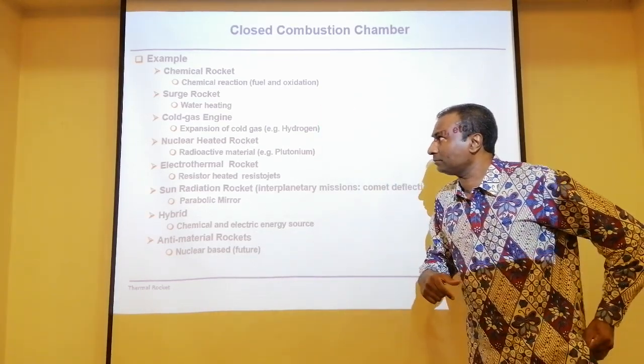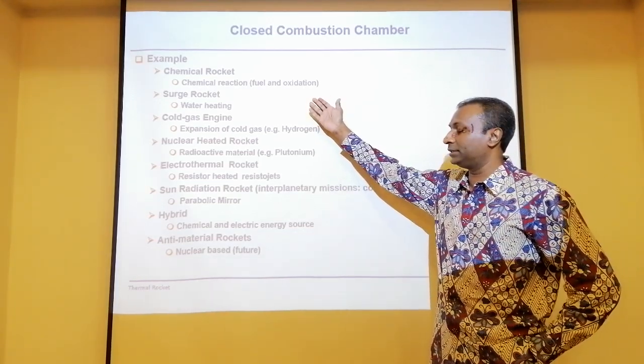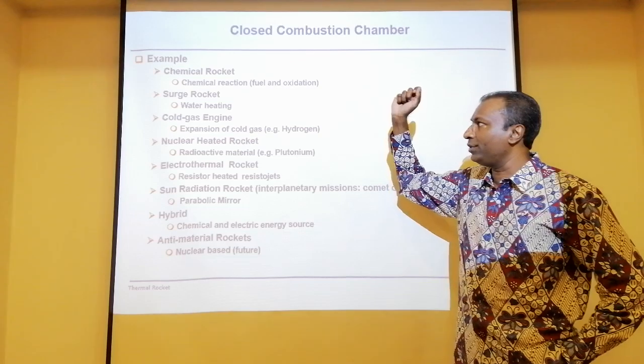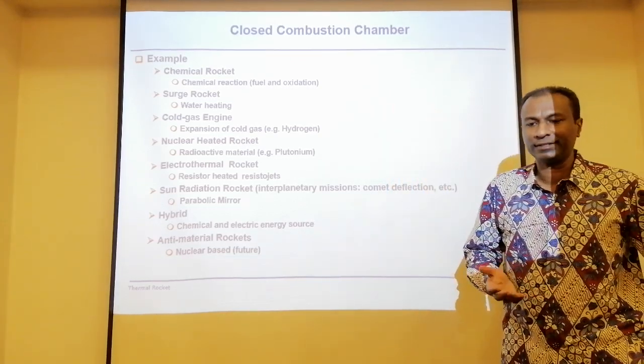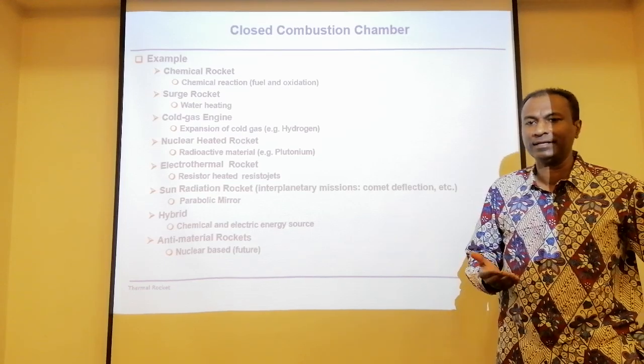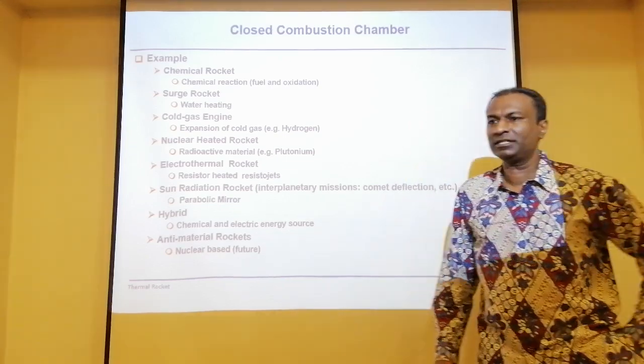Examples: chemical rockets, chemical reaction, that means you have a fuel and an oxidator. In chapter 1, all the rocket performance that you have calculated or estimated is of chemical rockets. This is very common.